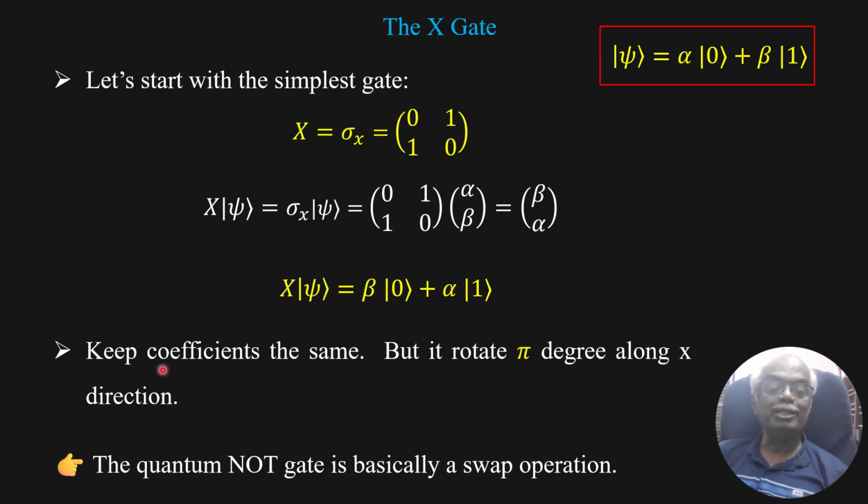So it keeps the coefficients the same but rotates by pi along the x direction. There is a rotation, or what we can call a swap. It is similar to the NOT gate operation. So the quantum NOT gate is basically a swap operation, that is, the expansion coefficients or probability amplitudes swap. Alpha will become beta, beta will become alpha.